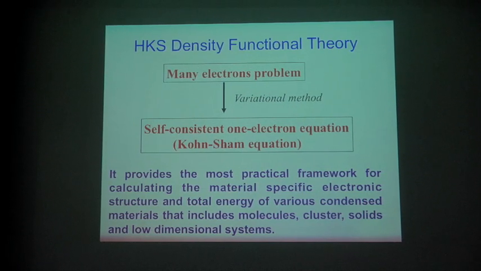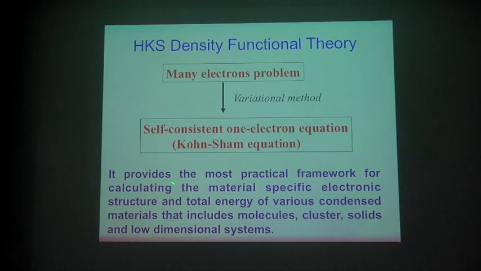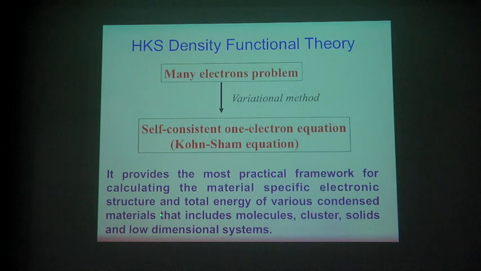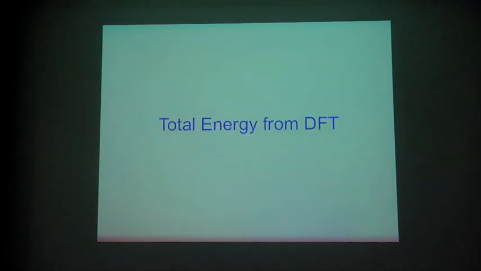And I hope you are convinced that this approach provides the most practical framework for calculating material-specific electronic structure and total energy of various condensed systems, which includes molecules, clusters, solids, and low-dimensional systems.